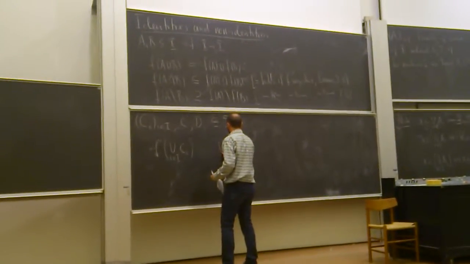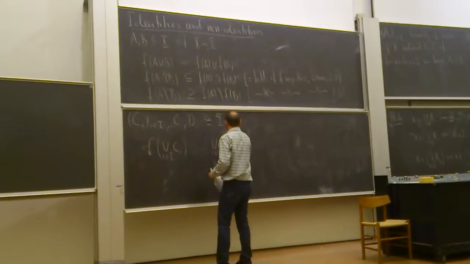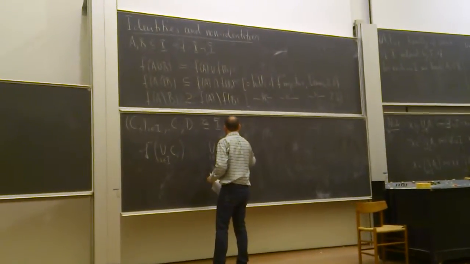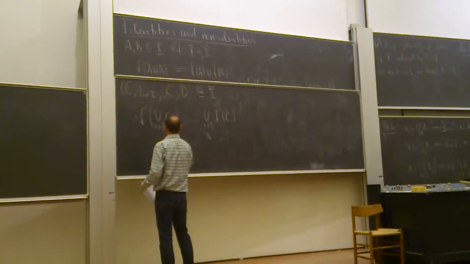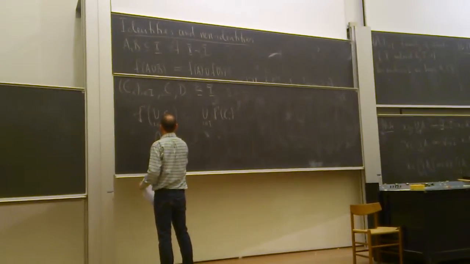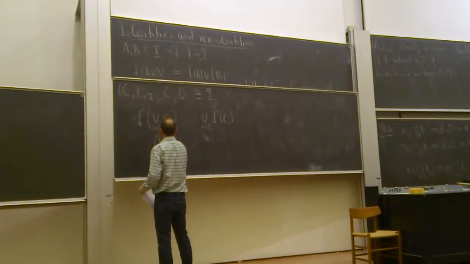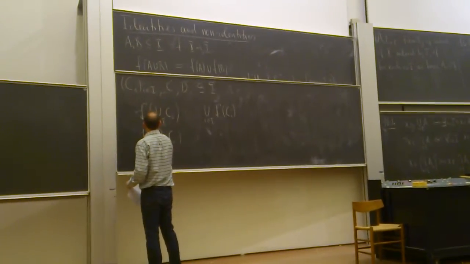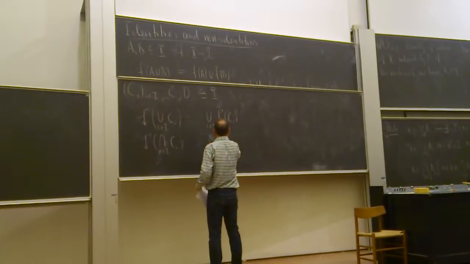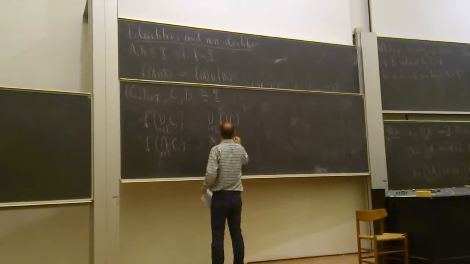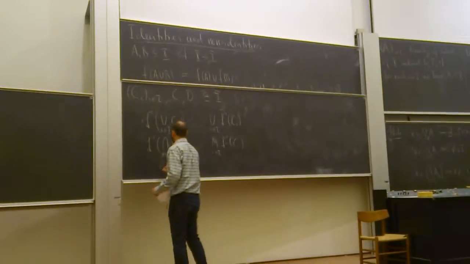You can also then take the union of the individual pre-images. We can do the same thing with intersections, and intersection here, and set difference.